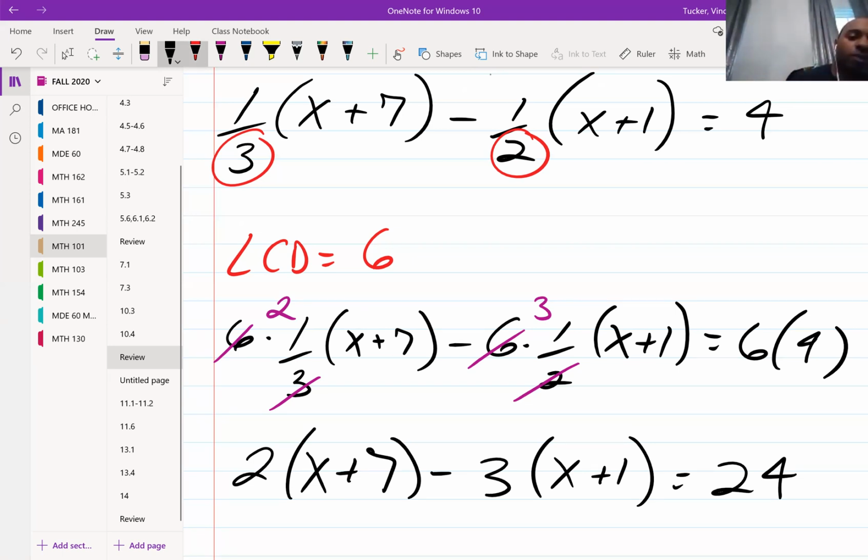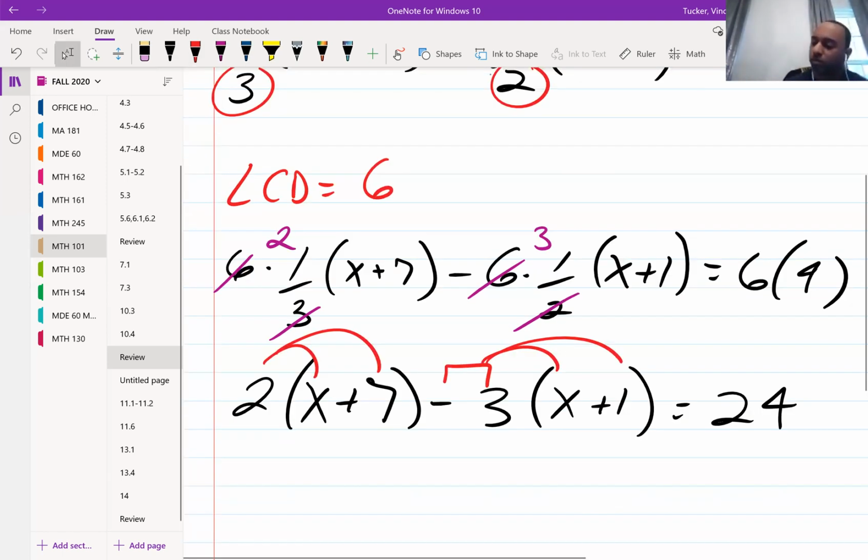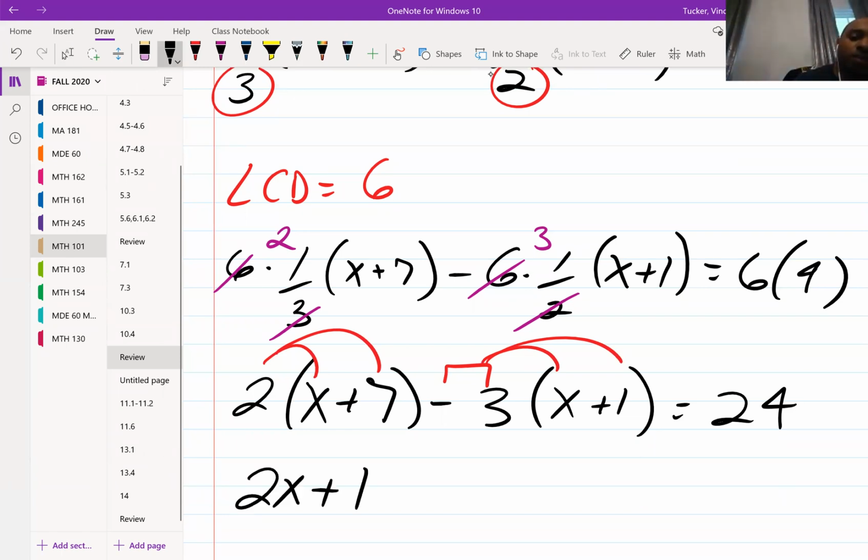Now when we get to this point, we can distribute the 2, and here, make sure you're careful, you're going to distribute -3, not just 3. So that'll be 2x plus 14 minus 3x minus 3 equal to 24.